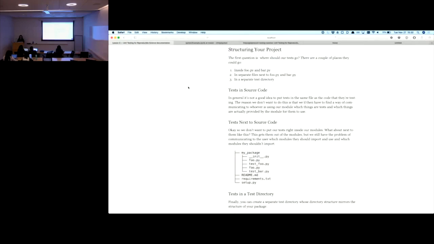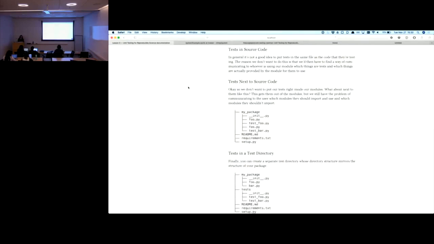The reason is that you would then have to find a way of communicating to whoever is importing your module what the actual functions are that I intend for you to use, and what the test functions are that I don't intend for you to use. When they import the module, they're going to get everything: your code, and also your test code. And you would have to do lots of gymnastics to hide the test code from them. So it's generally not a good idea.